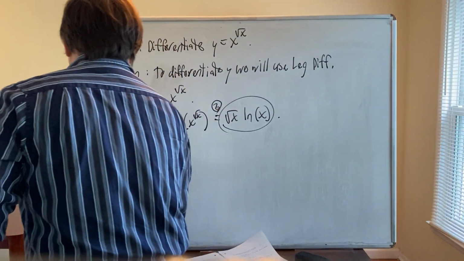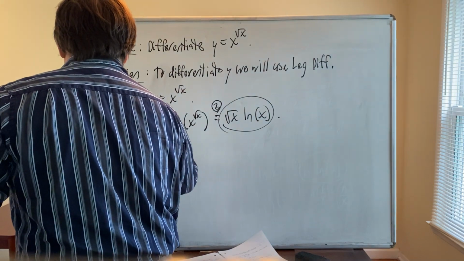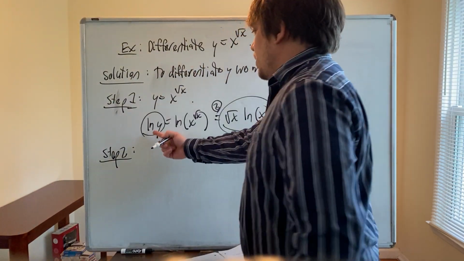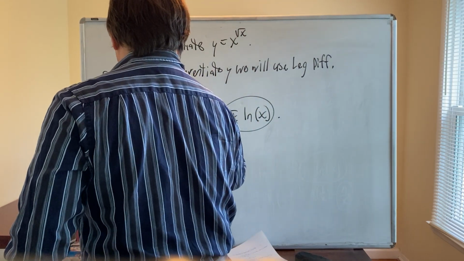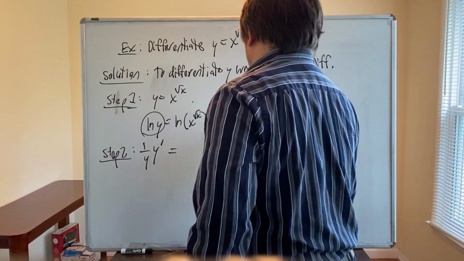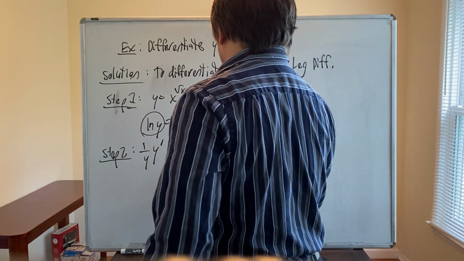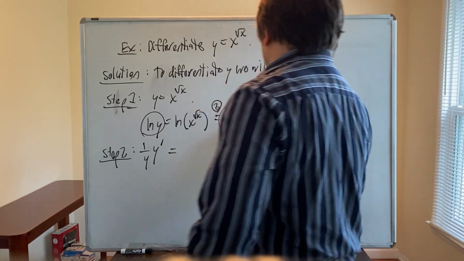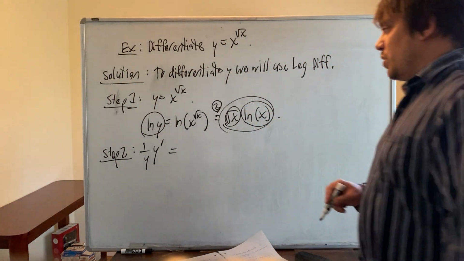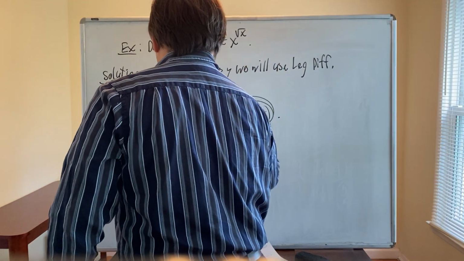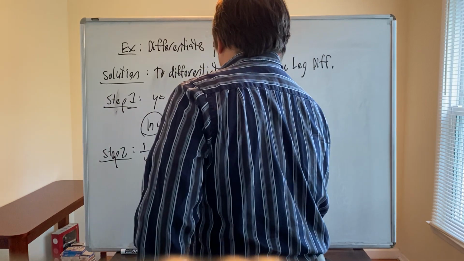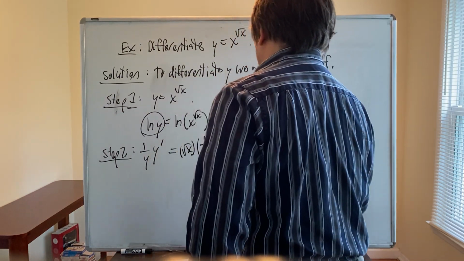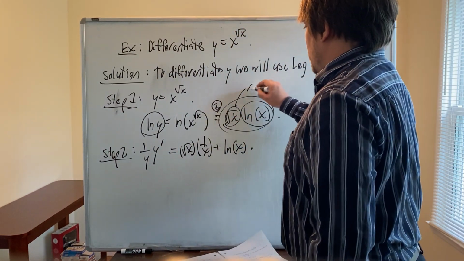Step 2 is differentiate implicitly with respect to x. And so I'm going to differentiate this and this implicitly with respect to x. So the left side becomes 1 over y times y prime, and the right side becomes the derivative of this product. And so this is the first function in the product, that's the second function in the product. So it's the first function times the derivative of the second, plus the second function times the derivative of the first. This is x to the 1/2.